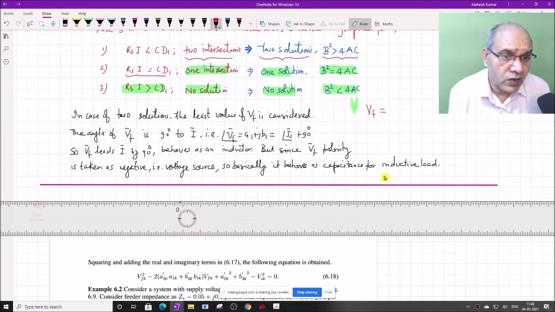So once we know the value of BF, then we can find out the phasor BF bar, which is nothing but BF angle of BF. What is the angle of BF? The angle of BF is nothing but the angle of IS plus 90 degrees.